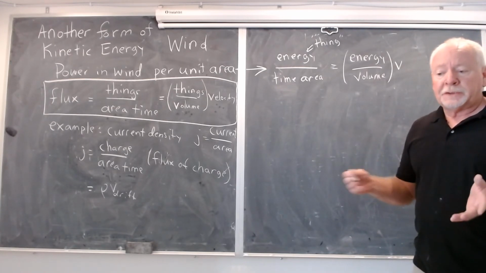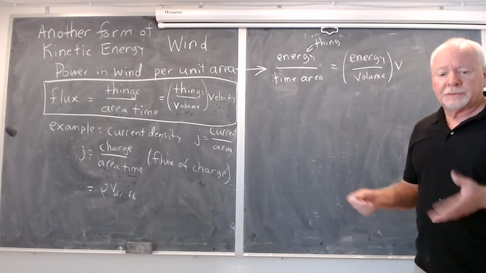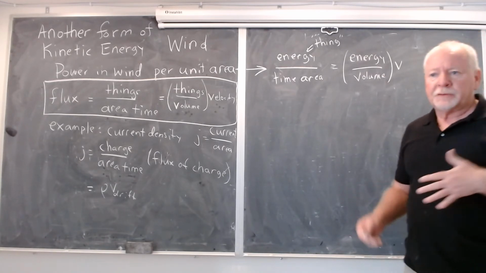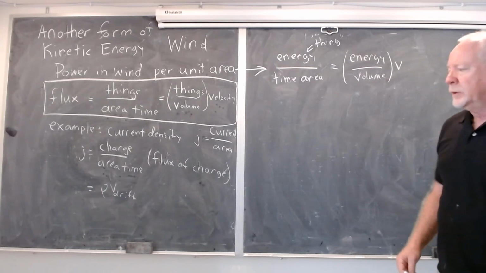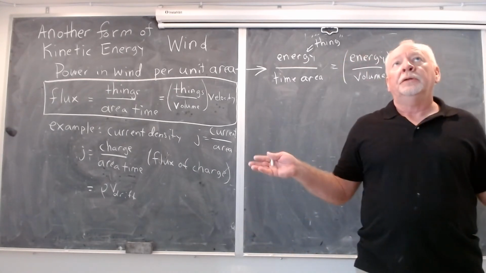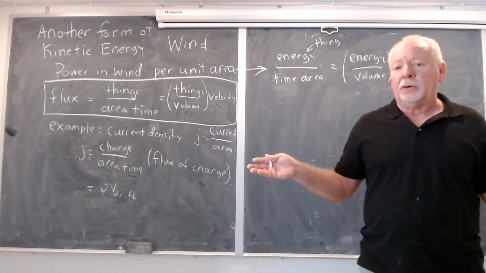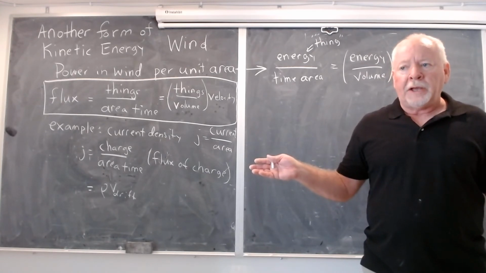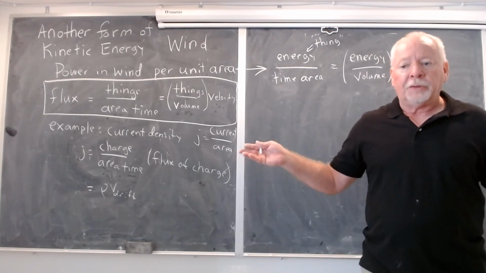The one velocity is thermal, and the other velocity is the average velocity in a particular direction. For example, the air in this room I'm in right now has all the molecules with a lot of thermal velocity.